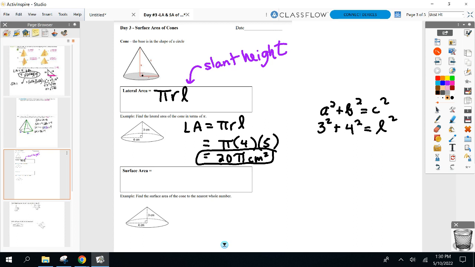Remember, surface area just means put the base back on, or bases, but in this case, put the base back on.